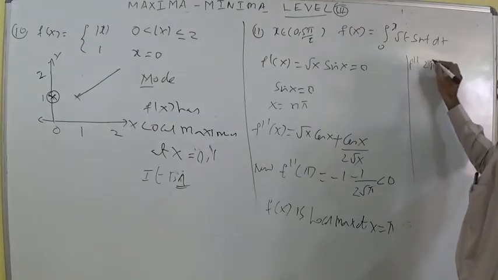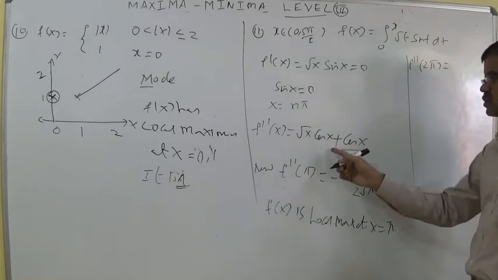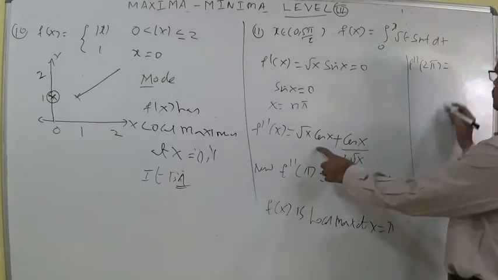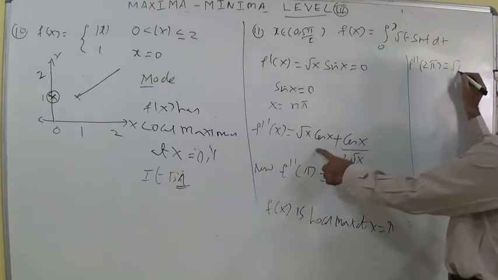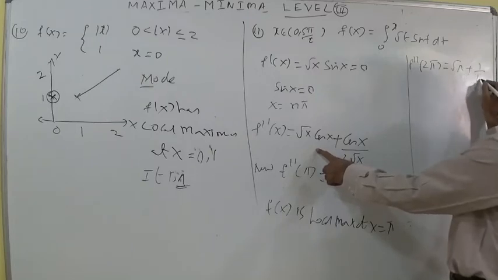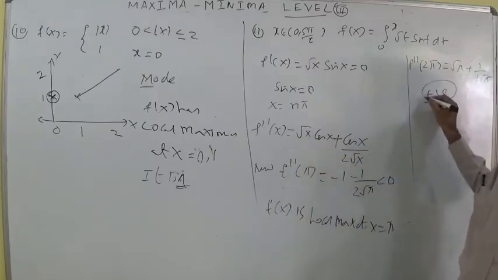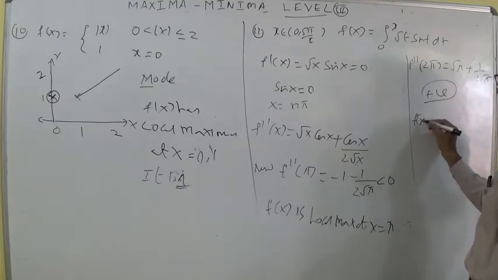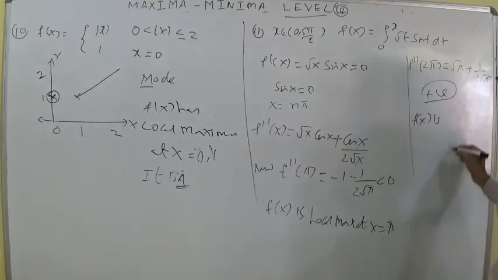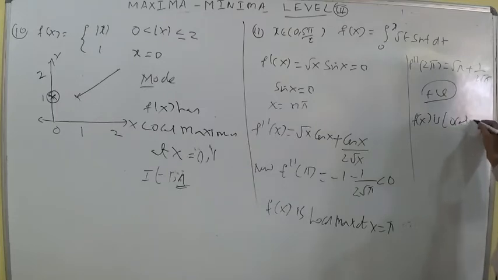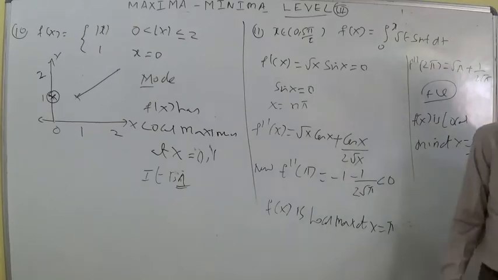F double dash of 2 pi: we know that cos 2 pi is 1, and root 2 pi is positive, plus 1 by 2 root 2 pi, which is positive. So if it is positive, f of x has a local minimum at x is equal to 2 pi. That's all.